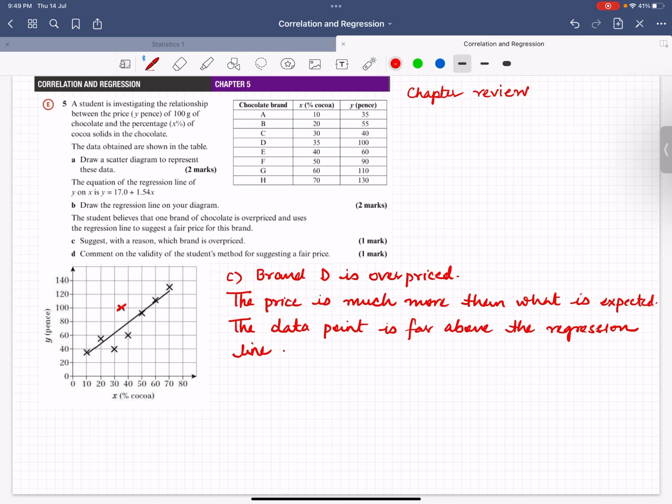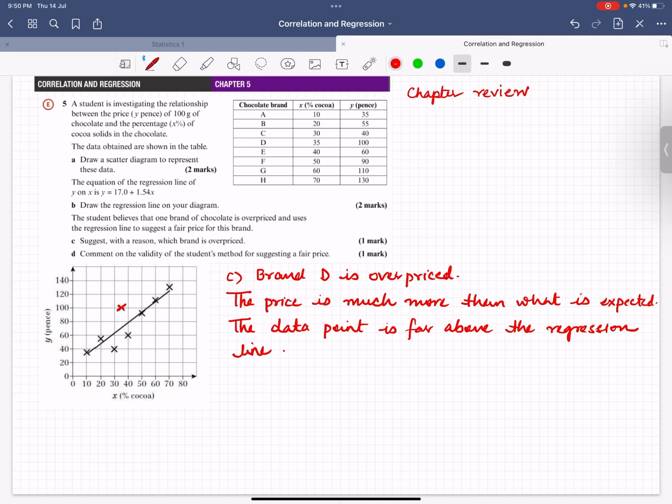So when we use regression equation, we use it in such a way that we predict y value given any x value. And that's exactly what the student has done. He has used the x value and he has come to the conclusion that the y value is incorrect. So his method is absolutely valid.